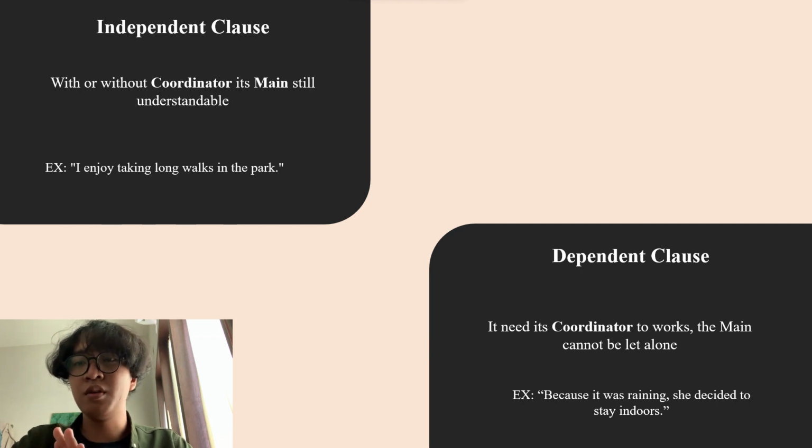If you remove the last part, it's just "because it was raining." What's because raining? And if you remove the first part, "she decided to stay indoors," it's quite understandable, but not quite. It still needs its partner.